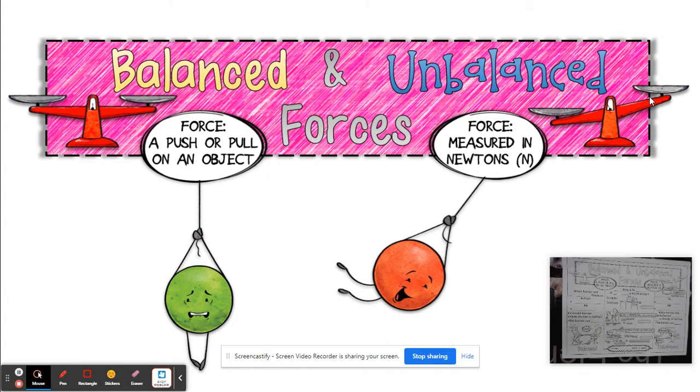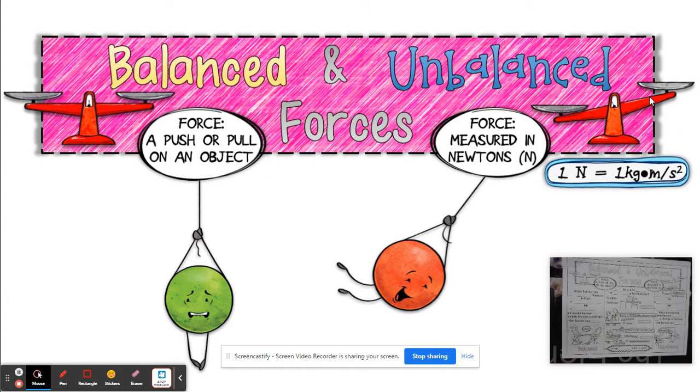Force is measured in newtons. For example, 1 N equals 1 kilogram times meters per second squared. I'm sorry, not times mass.